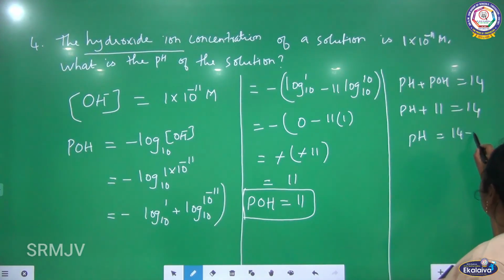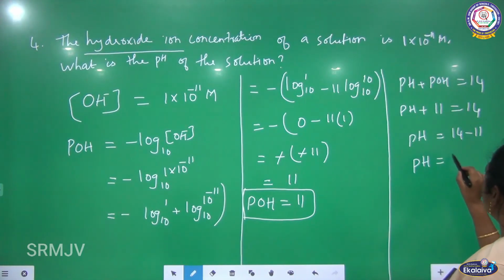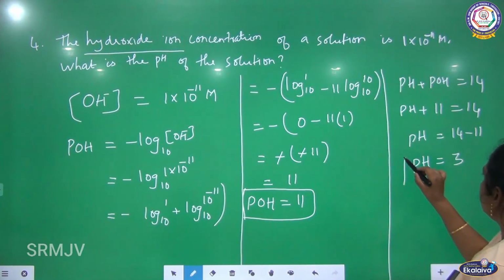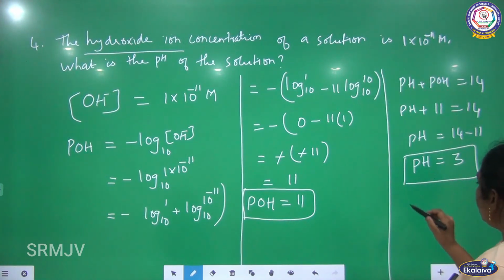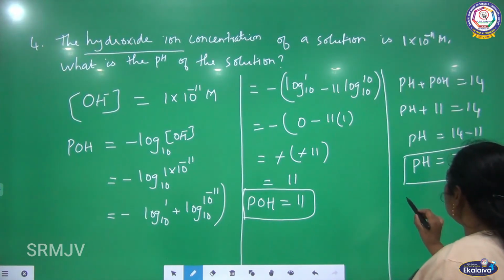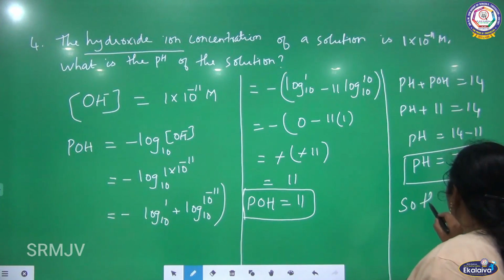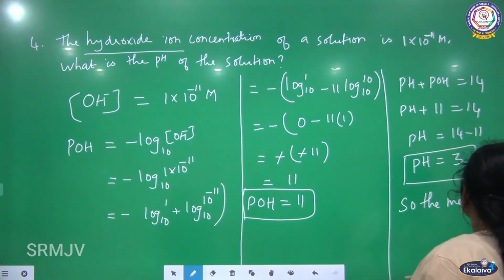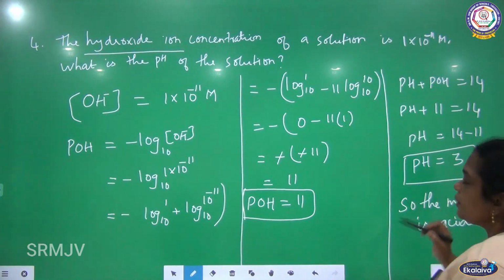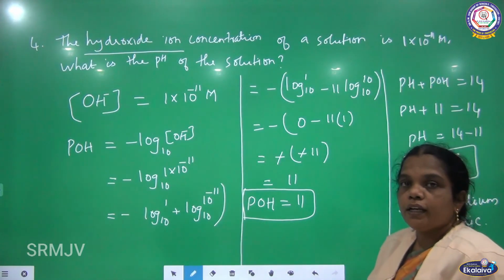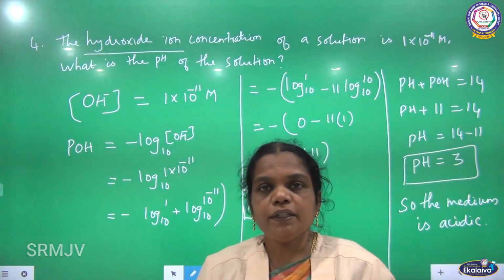So 14 minus 11, the pH equal to 3. See, the pH of the solution is 3. So the medium is acidic, because the pH value is 3, less than 7, means the medium is acidic.